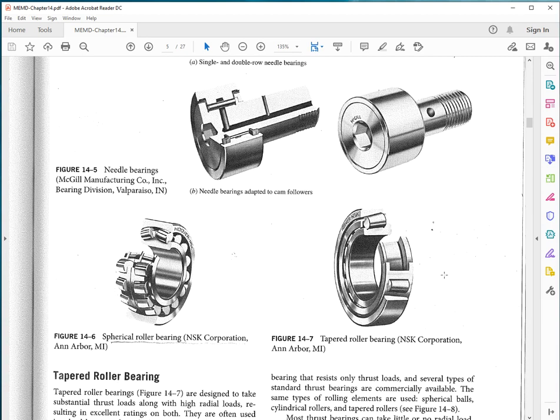If you look at this one here on figure 14.7, it could be mirrored to the left or mirrored to the right. If you look carefully, it's not the same thing.